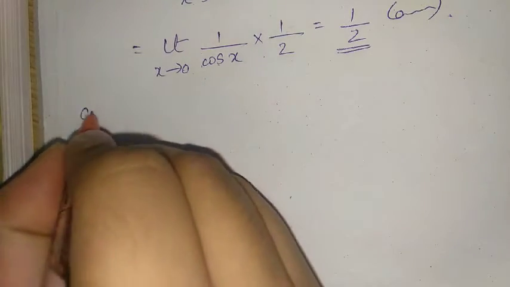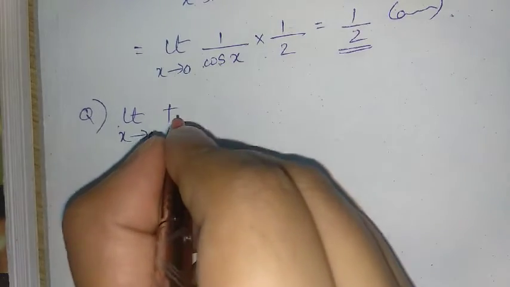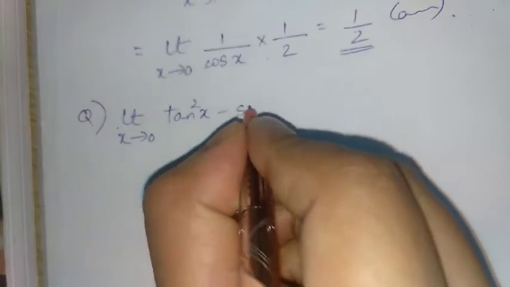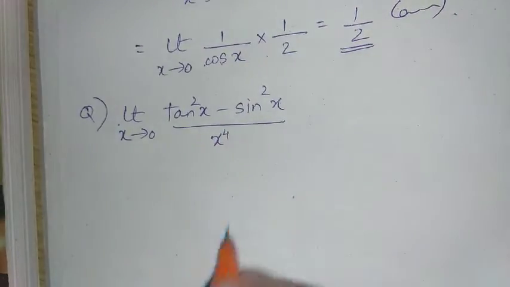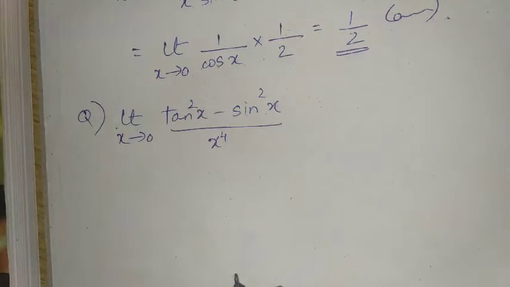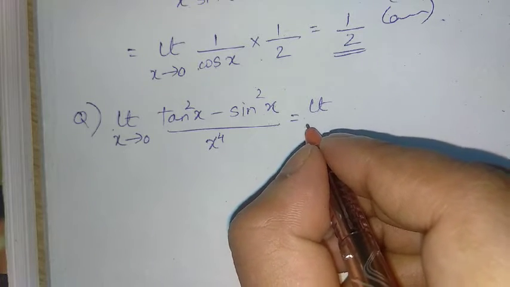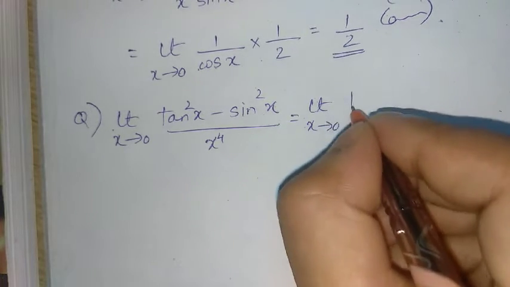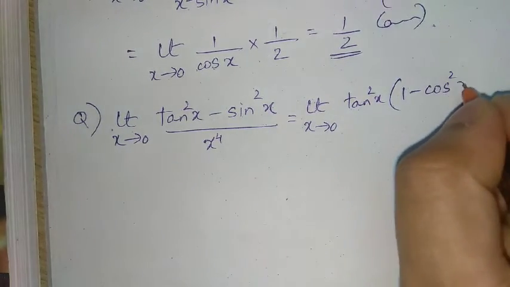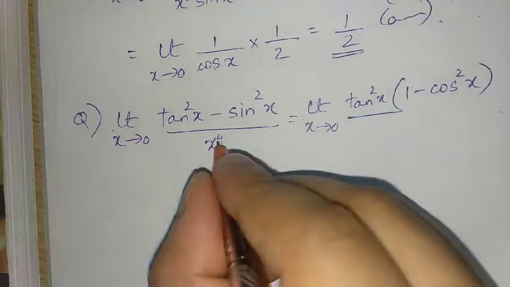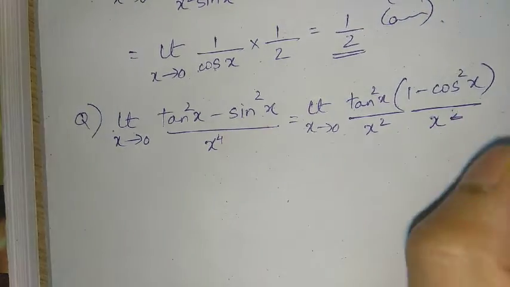The next question for us is limit x tends to 0 of (tan square x minus sin square x) divided by x to the power 4. In this case, we will take tan square x common. If we do that, we get 1 minus cos square x, and we will divide x to the power 4 into two parts, x square and x square.